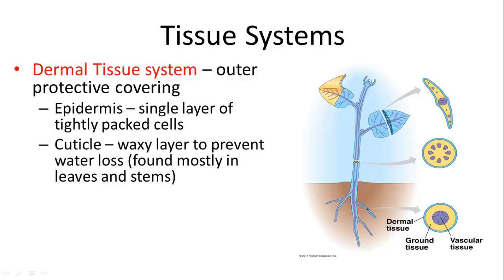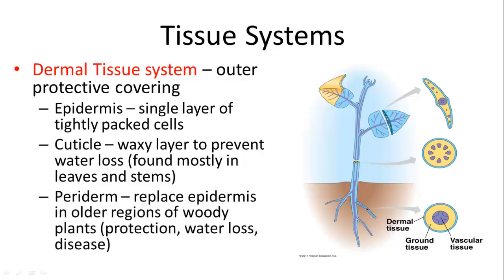Sometimes a cuticle or waxy layer is present, and is present on most leaves to prevent water loss. And the periderm, which replaces the epidermis in the older regions of woody plants, is important for protection, preventing water loss, and preventing disease.